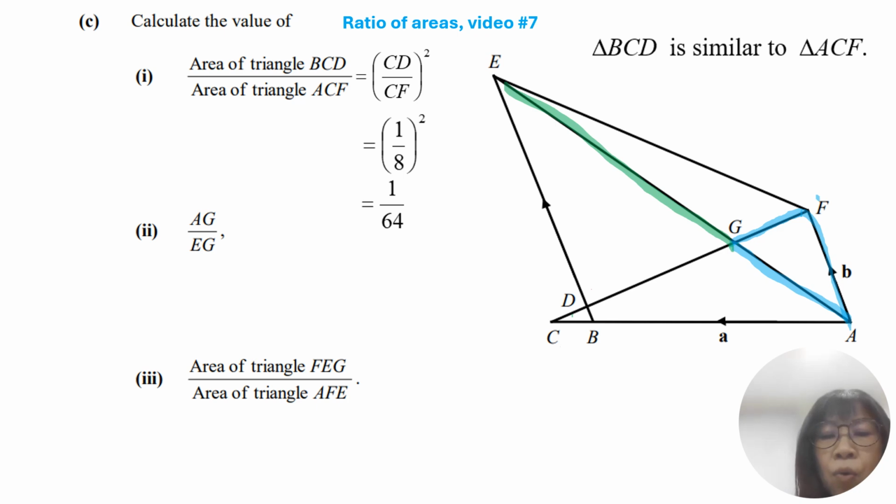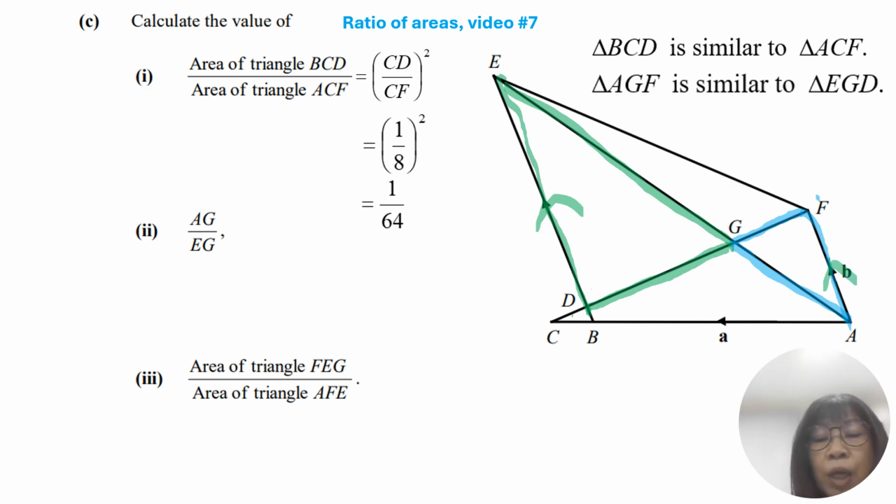Over here, you must be able to identify a second pair of similar triangles, because we already know that AF is parallel to BE. Once you identify that these two triangles are similar, we know the ratio of DG is 5 units and GF is 2 units.